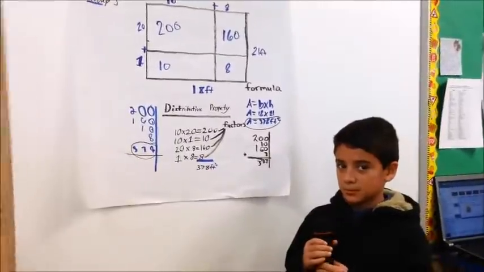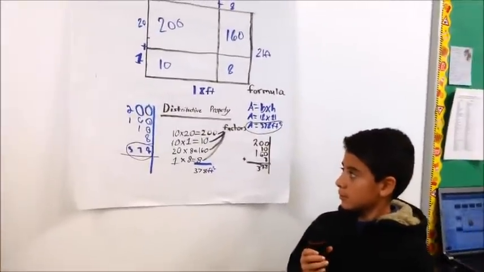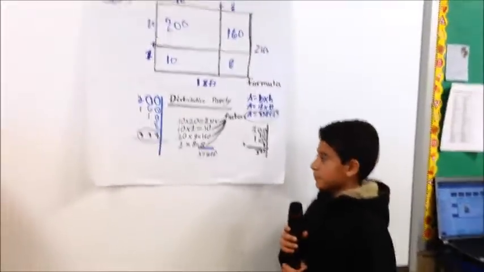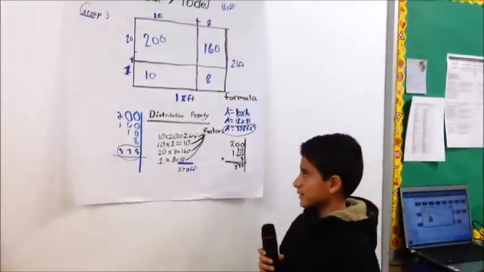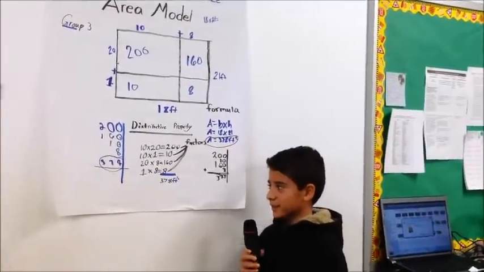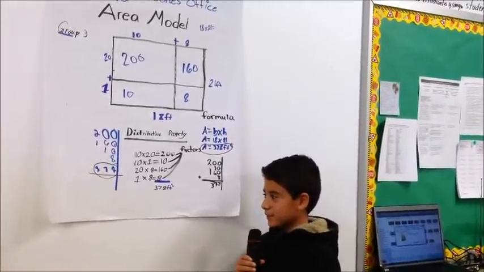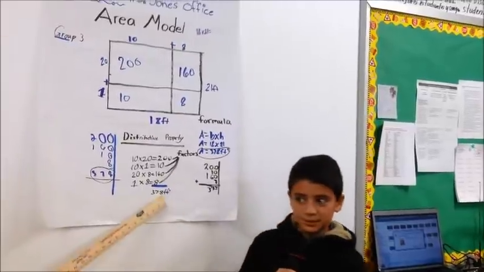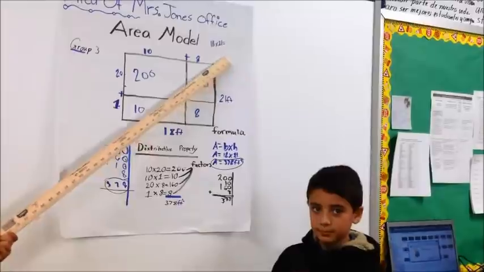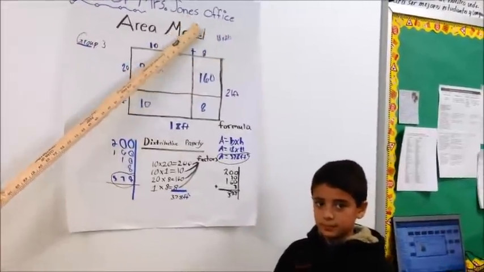Factors would be the other numbers. Yes, those would be the factors. The answer would be the partial products. And by adding all these partial products, our answer was 378 square feet. So based on the area model and the distributive property, you got the same answer. That pretty much tells you that the area is 378 square feet.